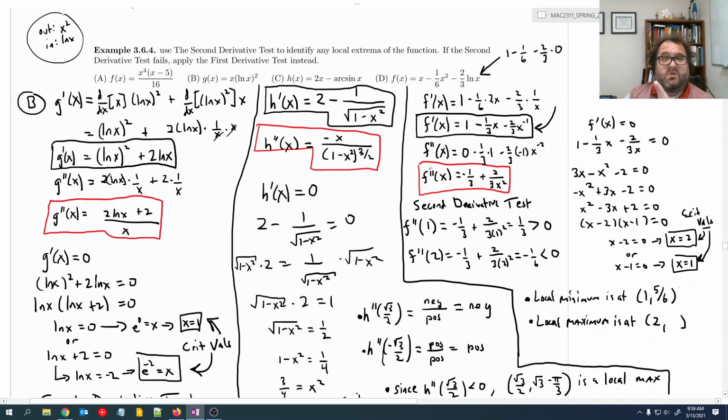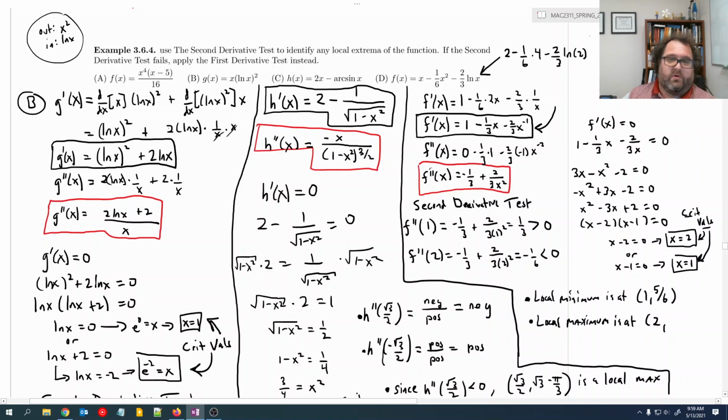But I think the second one will be a little ugly. I'm about to make the parenthesis a little bigger, and I'll erase that to give us some more room. If you plug a 2 in, what do we get? I lost my cursor. Where'd my cursor go? There it is. 2 minus 1/6 times 2 squared, so times 4, minus 2/3 times the natural log of 2.